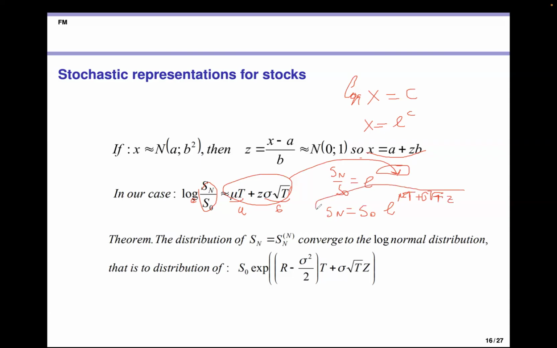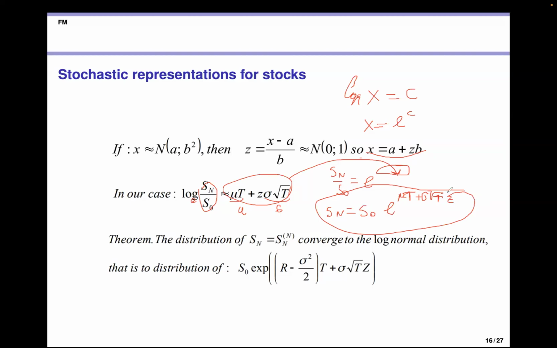So we get the stochastic representation for stock price. Stock price at any step n equals S0 multiplied by exponent to the power mu t plus sigma square root of t multiplied by z.